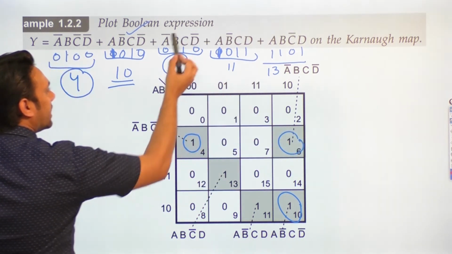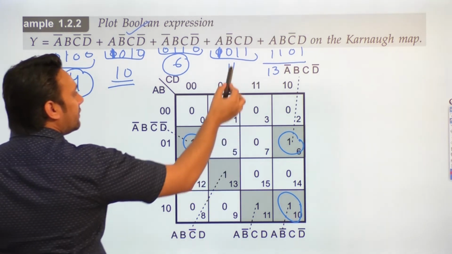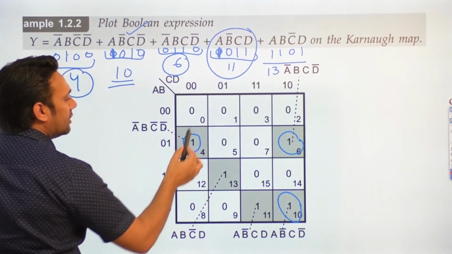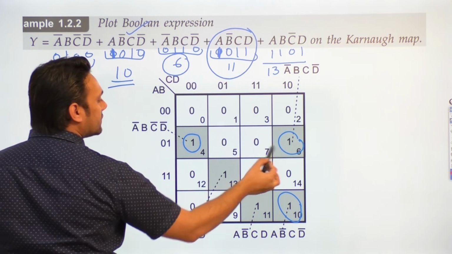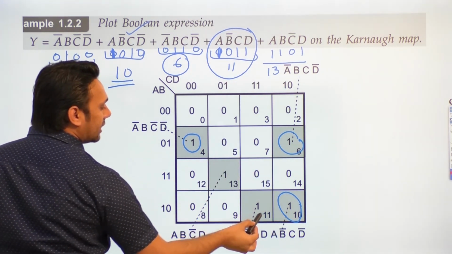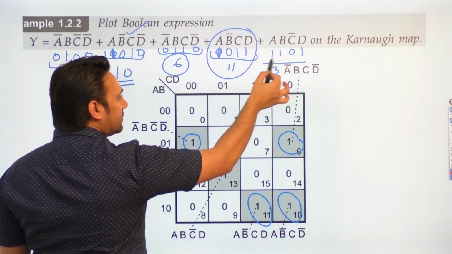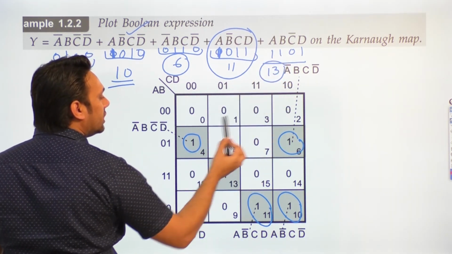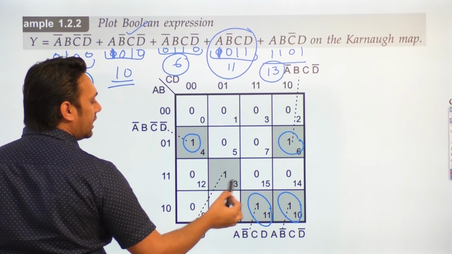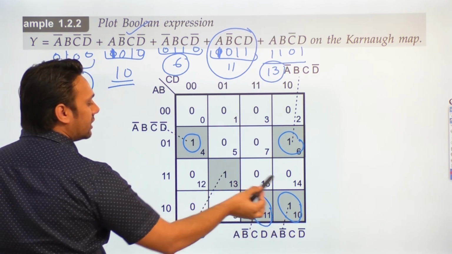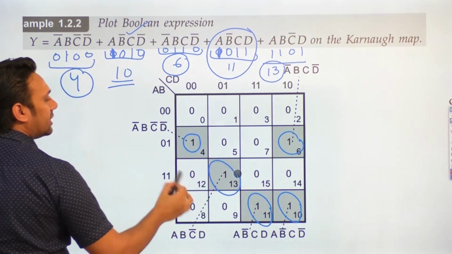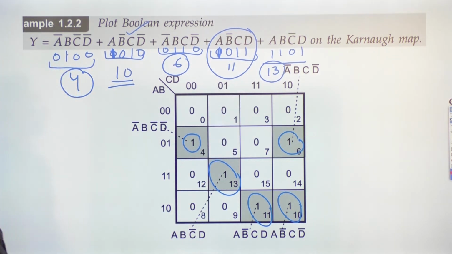So in location 6 I can represent this min term. Then we have 11: 0, 1, 2, 3, 4, 5, 6, 7, 8, 9, 10 and 11. So in location 11 we have a value 1. And here we have 13: 0, 1, 2, 3, 4, 5, 6, 7, 8, 9, 10, 11, 12, 13, 14 and 15. So at location 13 we have a 1.